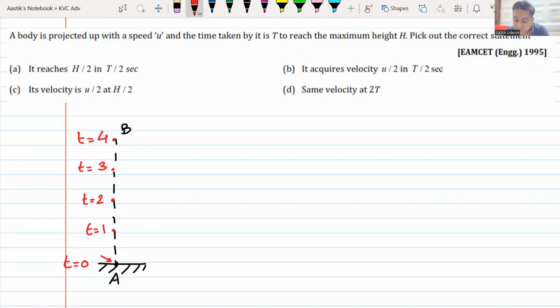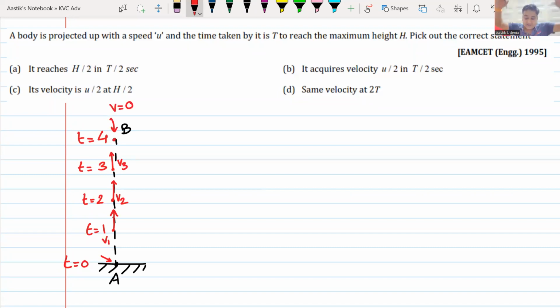At t is equal to 1, it will have some velocity, let us say v1, in the upward direction. At point 2, it will have velocity v2 in the upward direction. At point 3, velocity v3 upward. At this top point, the velocity is 0.